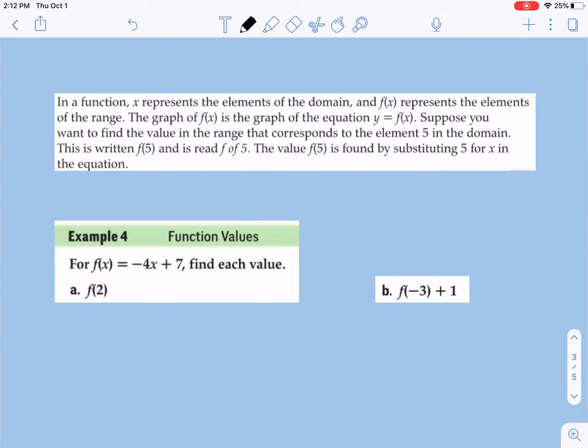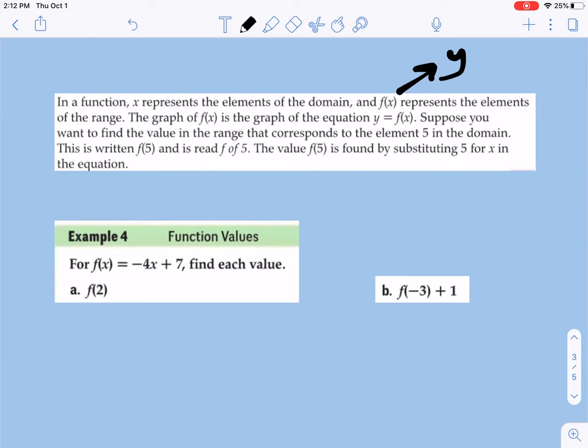In a function, x represents the elements of the domain, and f of x represents the range, which you should know because f of x is y and the range is y. So the graph of f of x is the graph of the equation. Again, it's the same thing. Suppose you want to find the value in the range that corresponds to the element 5 in the domain.